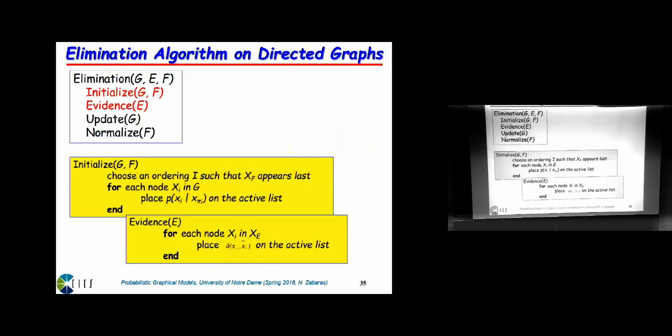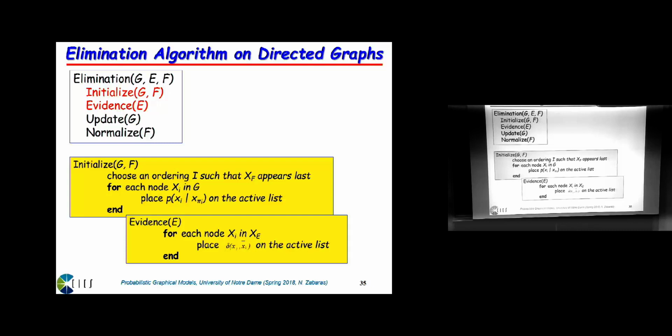All right, so here's the algorithm, the elimination algorithm on directed graphs. So you have a graph G with evidence E, the evidence nodes, and F are the query nodes. Okay, so using Jordan's notation here. What you need to do is initialize the graph.